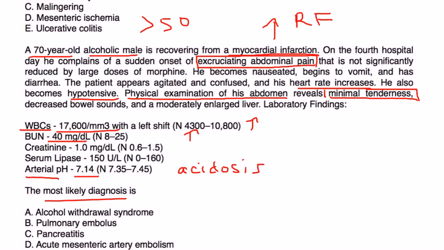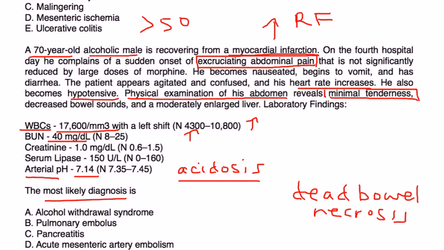So he's got pain out of proportion to physical exam findings. And then the lab values are helpful too. He's got a state of acidosis, which makes me think that he's got dead bowel and necrosis, and that's what's causing this acidosis. And most likely, again, the superior mesenteric artery is probably involved. That's probably the part of the bowel that's been affected.